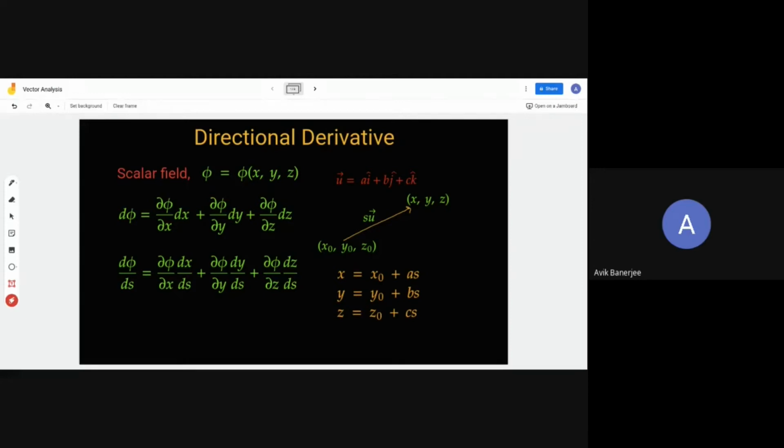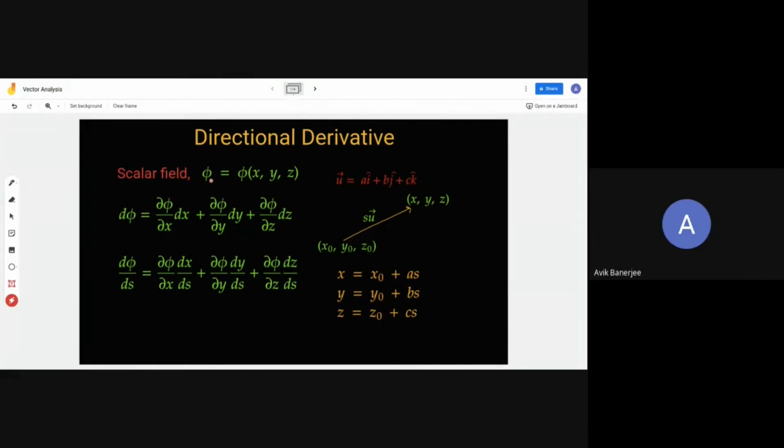What is the rate of change of temperature in the direction of the oven from your location? Or what is the rate of change of temperature in the direction of the window or the door, right? So we may want to know that.